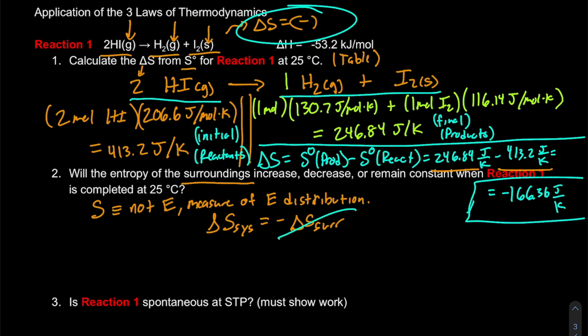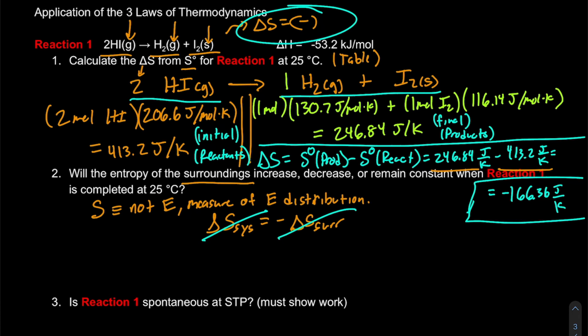The reason we can't say that is because we're not looking at one thing losing entropy causing something else to gain entropy, right? We can have the entropy of the system and the surroundings both increase, or both decrease. It has everything to do with the transfer of energy from the system to the surroundings and how that possibly leads to an increase or a decrease in the distribution of energy.